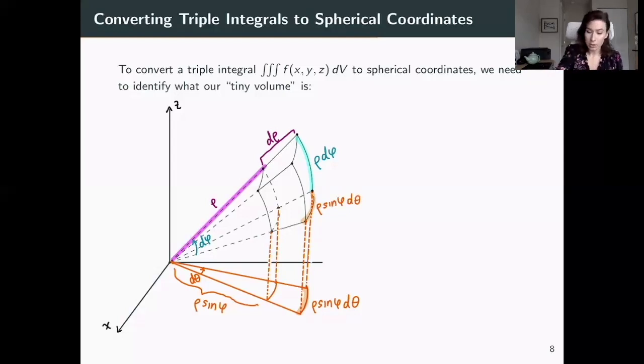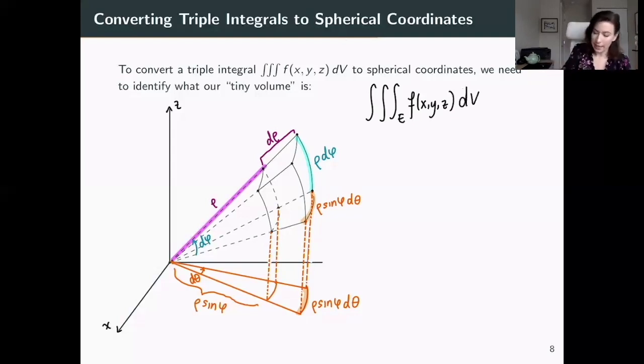So if what we're trying to set up is a triple integral over a region E of f of x, y, z dV, we're recognizing that our dV, our tiny volume, is going to have d rho given by this distance here. We're going to multiply that d rho by rho d phi to give it some height.